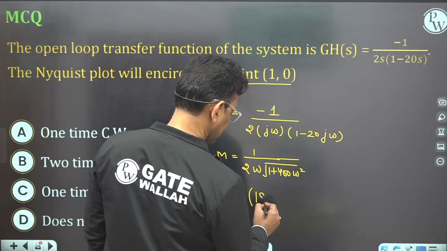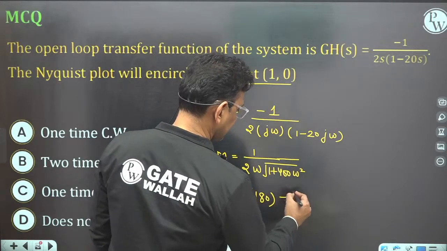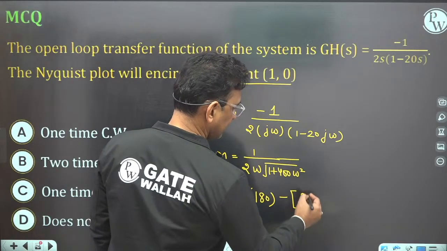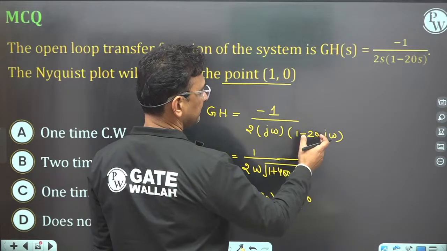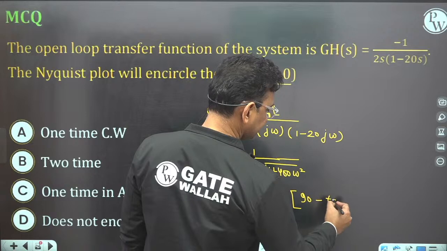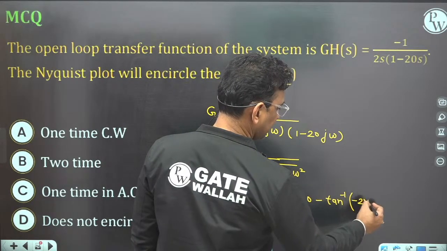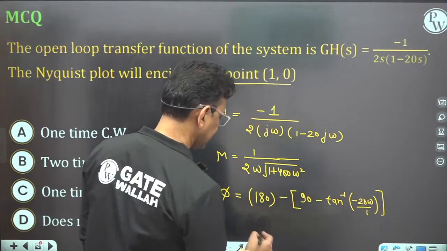So angle of numerator is positive 180, angle of denominator, phase angle of j omega is 90 degree. And what is the phase angle of this? The real part is positive, imaginary part is negative, so it is in the fourth quadrant. So it is minus tan inverse of minus 20 omega upon 1. Tan inverse of minus theta is minus tan inverse theta.